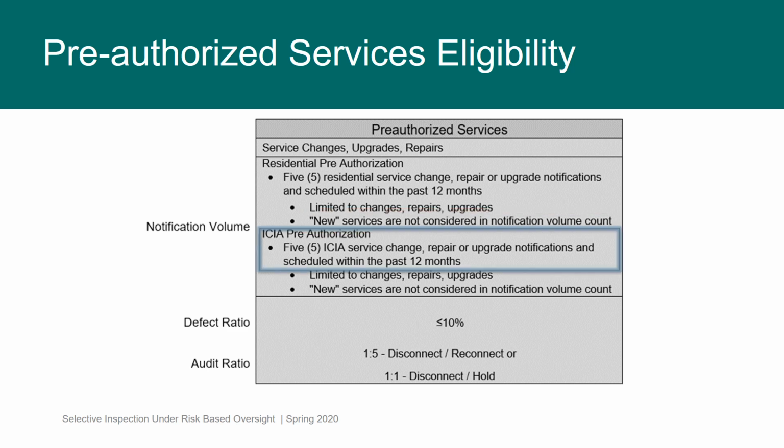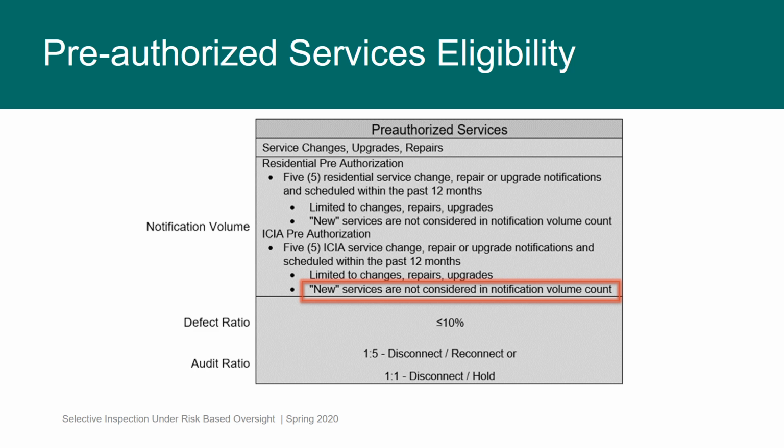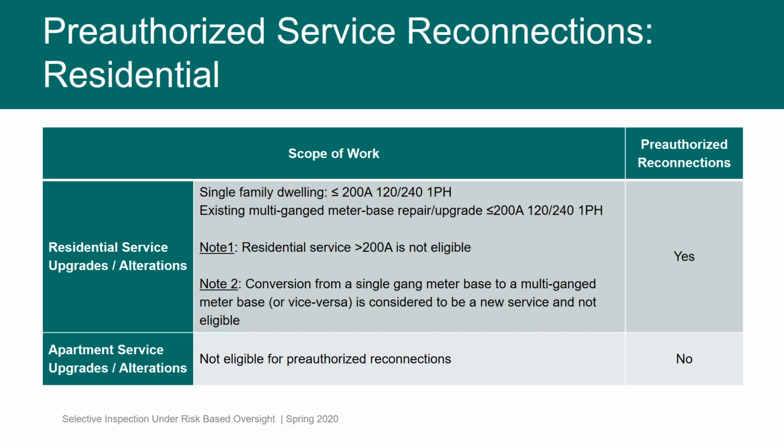To qualify for ICIA pre-authorization, you must have a minimum of 5 ICIA service change, repair, or upgrade notifications created within 12 months. The notifications are limited to changes, repairs, and upgrades. New services are not considered in the notification volume count, and you need a defect ratio of less than or equal to 10%.